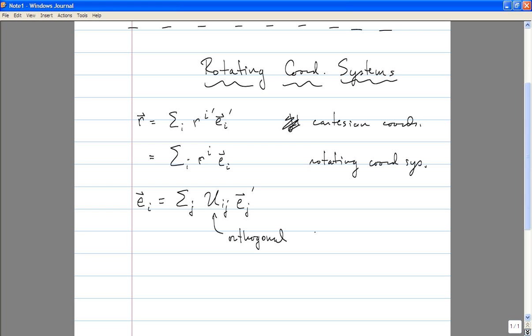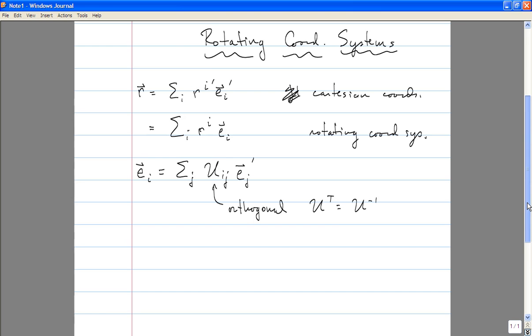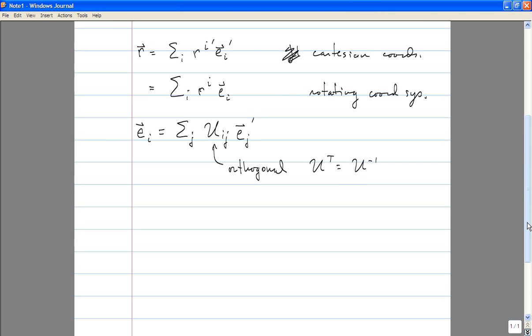So it is orthogonal in the sense that U transpose is equal to U inverse. Now, this matrix is a function of time, so we could define the matrix A, which was U dot times U transpose. This was an antisymmetric 3 by 3 matrix.